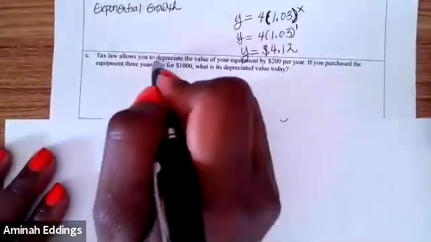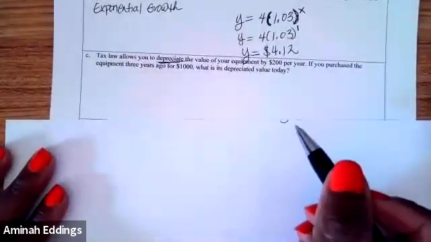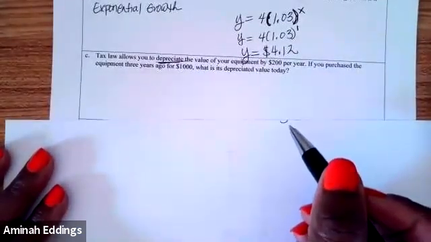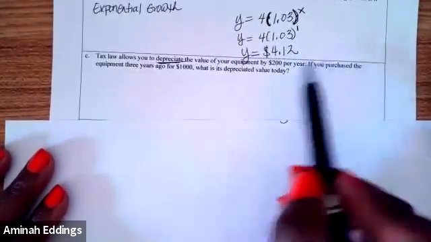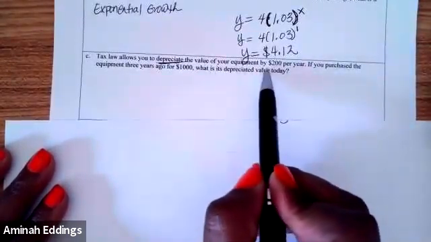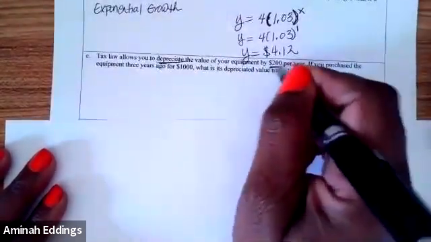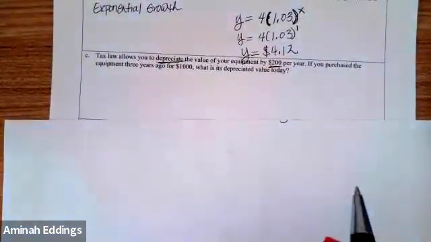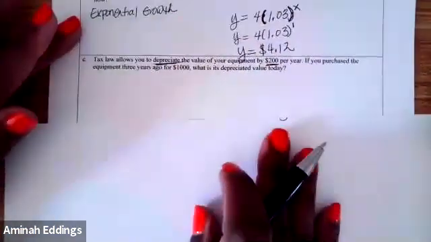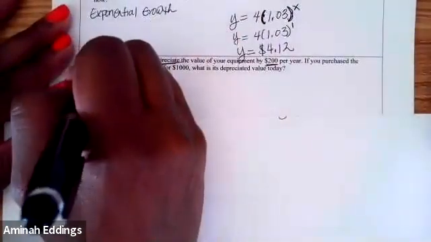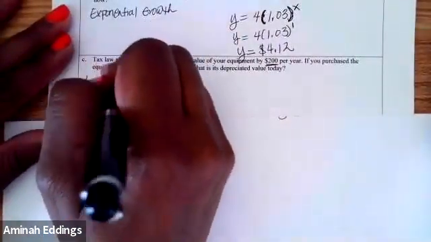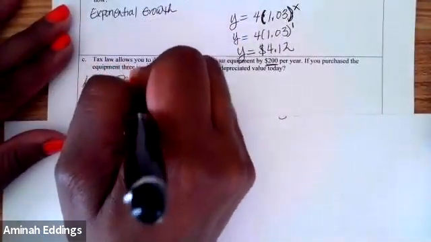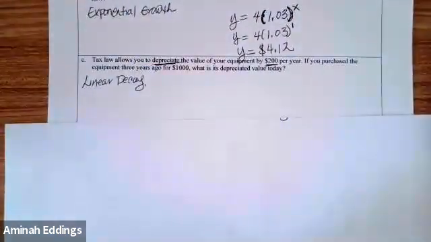So depreciate means that it's decreasing. Okay, so that's going to be decay. And then it is decreasing by $200 per year. So that is an absolute amount. So this is going to be linear decay. Okay.